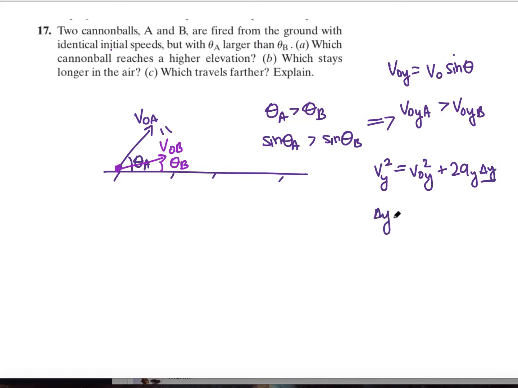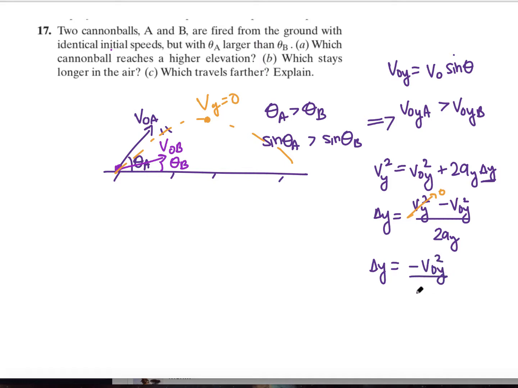So like we've done in the past, if I isolate delta y as Vy squared minus V naught y squared over 2ay, and I think about the fact that at the top of my arc, right here, Vy is 0, then I can say that this is 0. And so this just simplifies to negative V naught y squared over 2 times, well, negative 10.